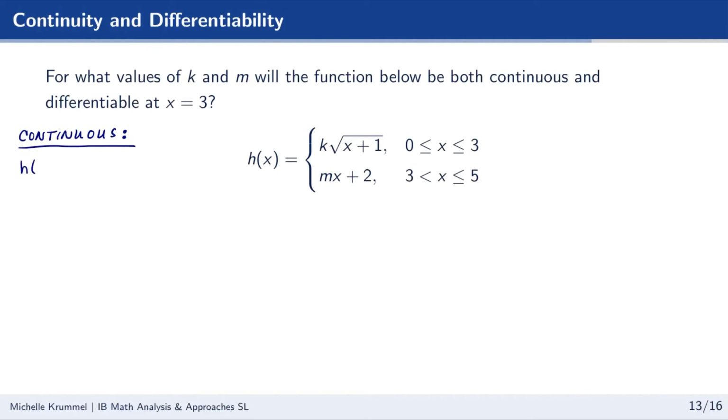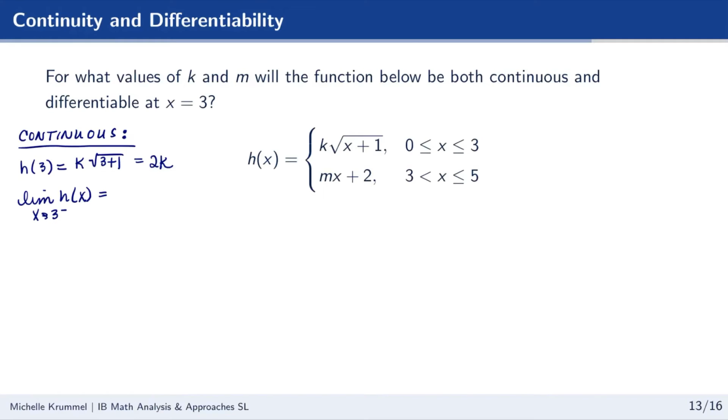Well, let's find h of 3. Here's where x equals 3. h of 3 equals k times the square root of 3 plus 1, or 2k. Then we need the limit of h as x approaches 3 to exist, but 3 is right where the domain splits, so we have to find the left-hand limit separately from the right-hand limit.